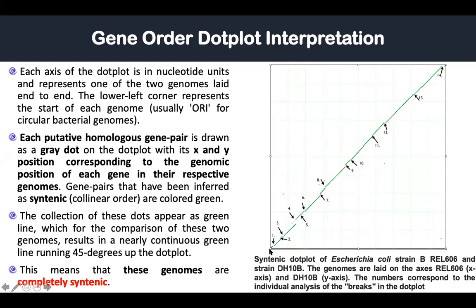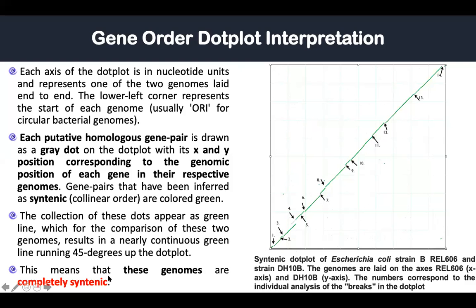So the lower left, which is your 0, 0 coordinate, actually represents the start of each genome, also known as ORI. If you're referring to bacterial genomes, you only have one origin of replication, because it's a circular genome. So you have one ORI, and then you start drawing dots each time you see exactly the same nucleotide being present in the other genome, right?